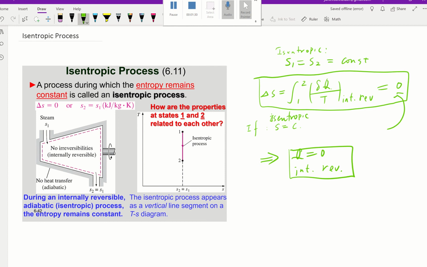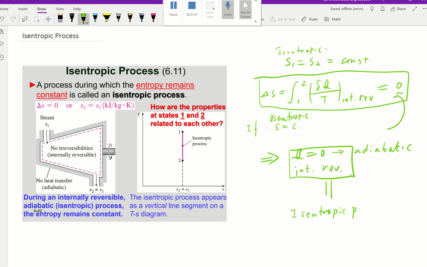Also, if the heat transfer is equal to 0, in other words, we call this adiabatic, right? If it's an adiabatic process and internally reversible, that tells us it equals an isentropic process.